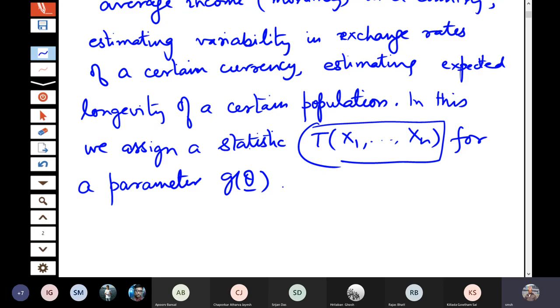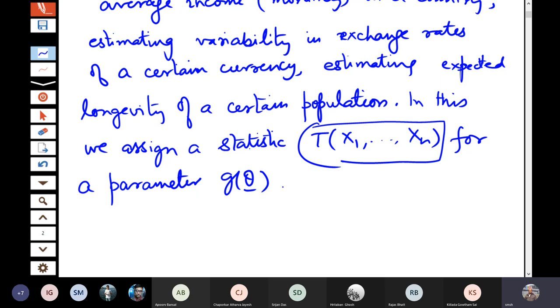So for that, we have certain criteria, because you may say that I can use anything. Like if I say I want to estimate the expected average income, then I may say I can take sample median, I can take sample mean, I can take say geometric mean or anything, because different people may have different perception about the functions there. That means which T of x1, x2, xn I will take.